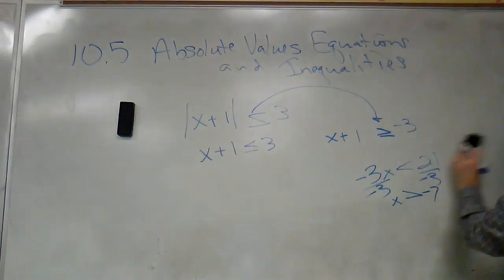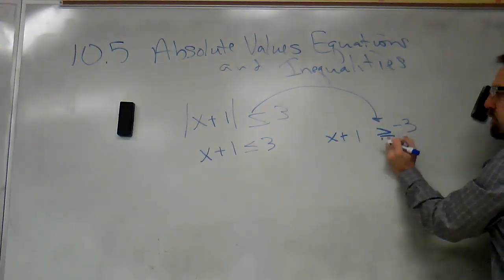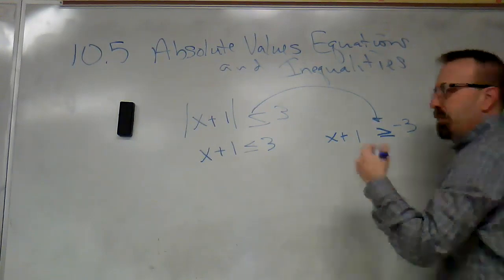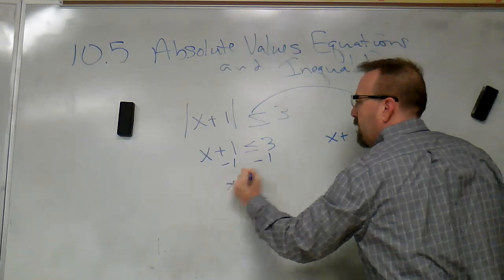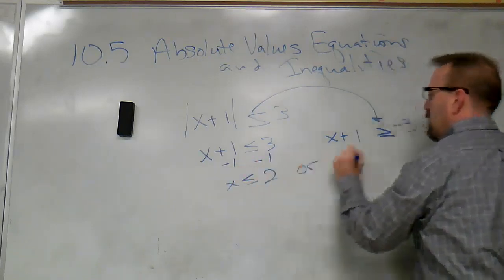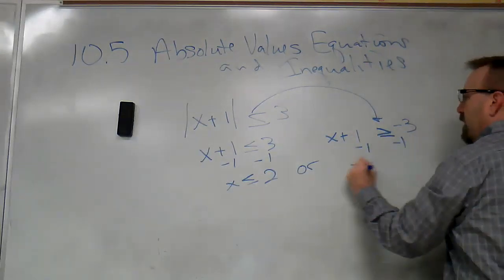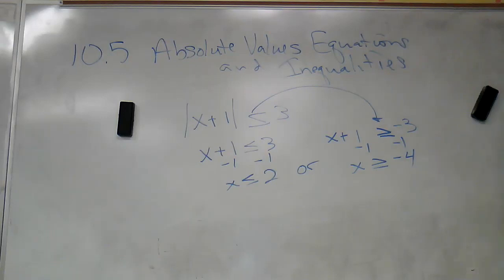You have to do one extra part. So for the one that's negative, you must flip the inequality sign. So now we get rid of adding 1, subtract 1. So X is either less than or equal to 2, or X is greater than or equal to -4.